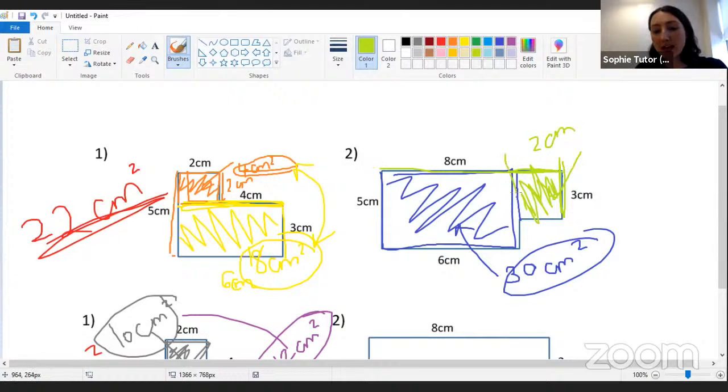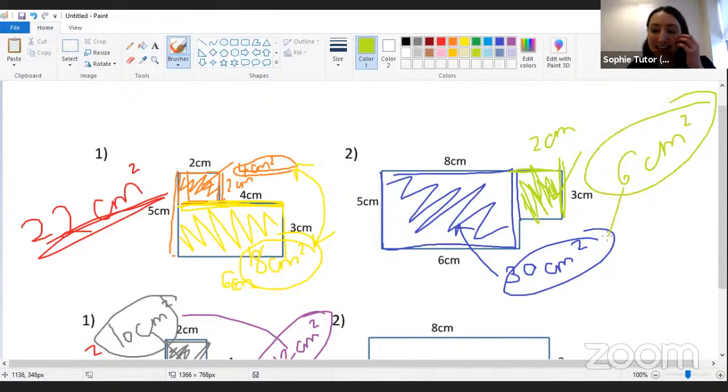But remember, up to here was 6 centimeters, because we got that on the bottom. So 3 times 2 is 6 centimeters squared. So 30 plus 6 is 36 centimeters squared. So our answer for number 2 is 36 centimeters squared.